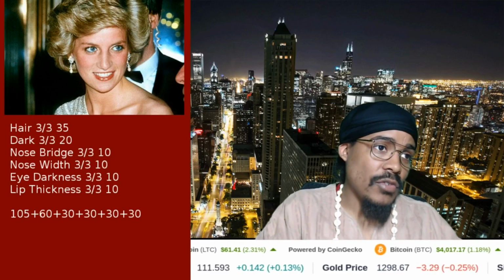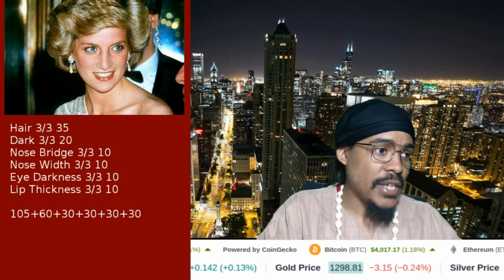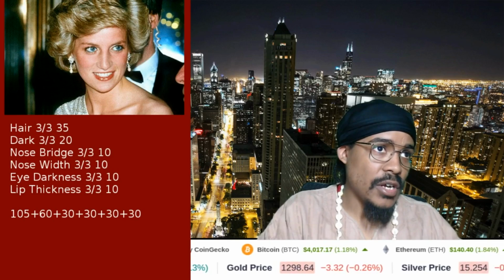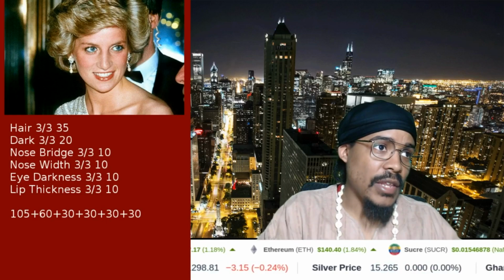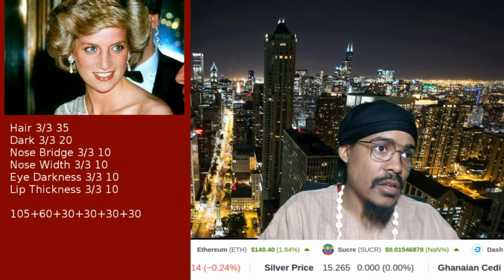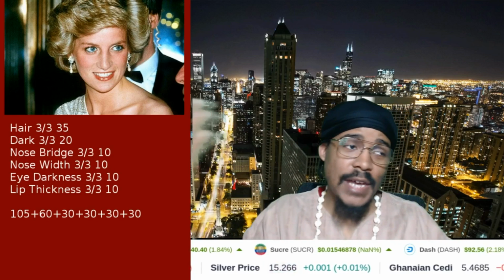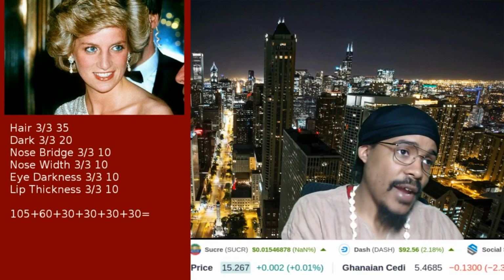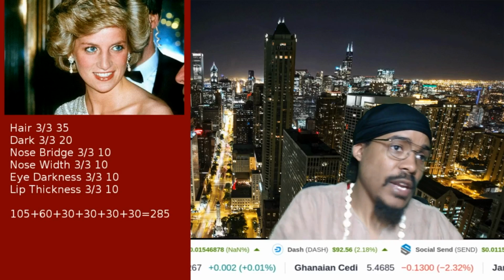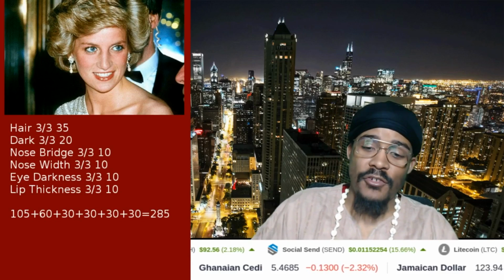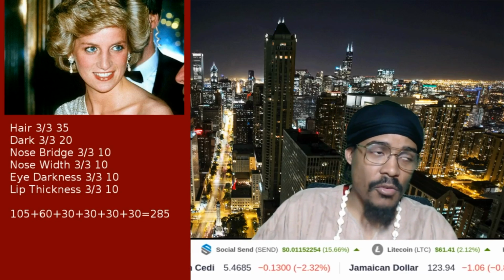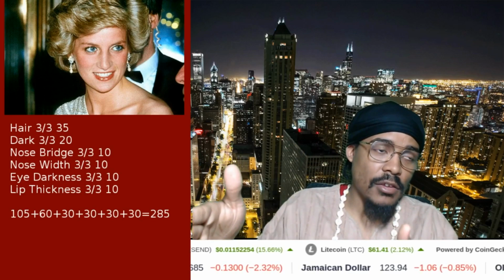Now what you do is after you measure the person who you're looking at, you add that all up and you're left with the score. Now if the person is level 3 everything, then their final score is 285. 285 is the highest you can score with the Cree tool. It's not to say that you're more black or less black or whatever. It's just that's the score you get.